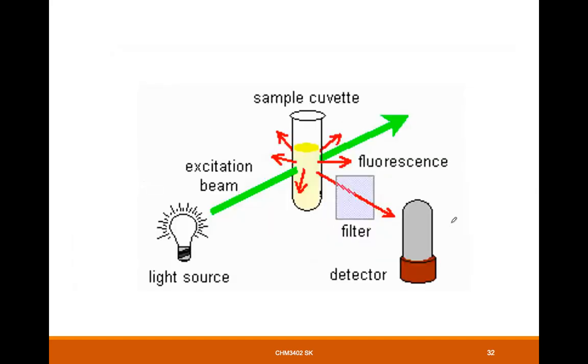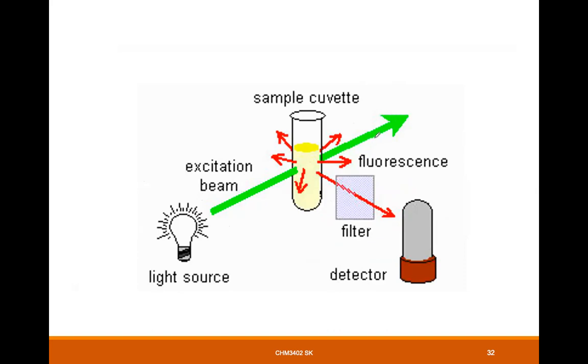The biggest difference, if you remember when we talked about AAS and AES, is that it is always parallel. We have the light source, the atomizer, the sample introduction, and the detector here. It's parallel.